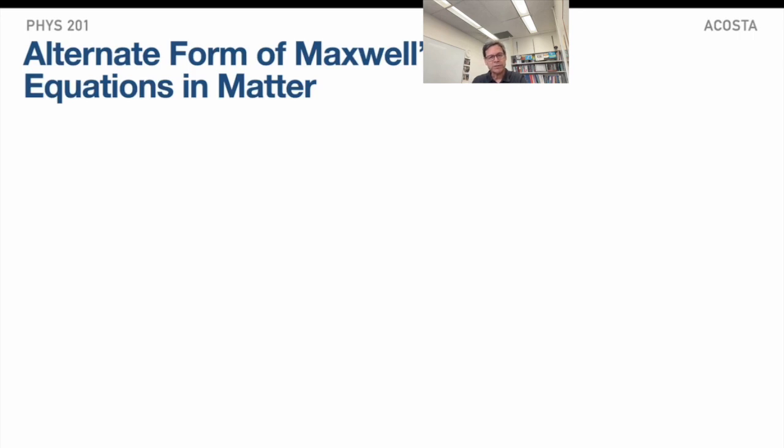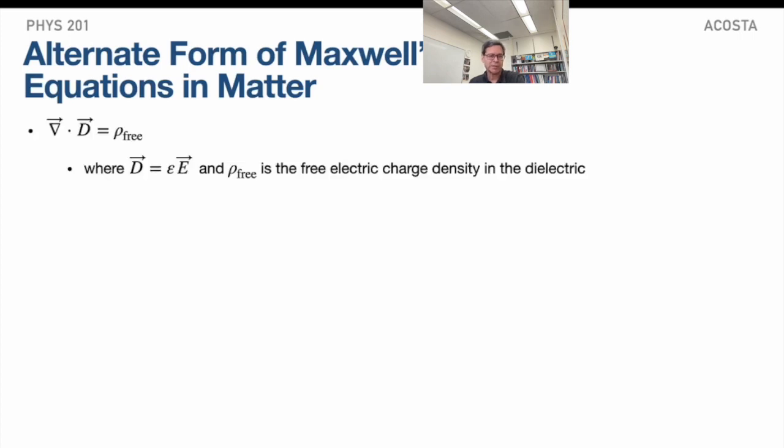However, I want to mention an alternate form of these equations when you're describing the electric and magnetic fields in matter. We can introduce a displacement field D, where the divergence of D equals the charge density of free charges. Matter has both charges embedded and fixed in the solid, if it's a solid, from, say, the electrons and protons there.